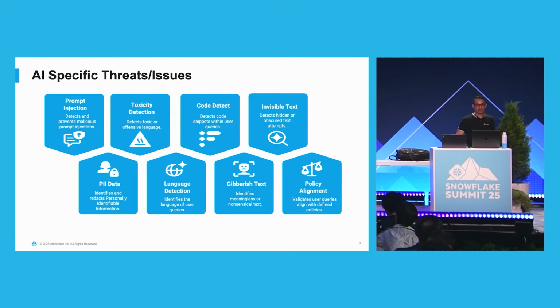And one of the main ones is policy alignment. It validates that user queries align with the defined policy of your system. If you take an example, we have developed an enterprise AI assistant which answers user queries related to the workplace, like how you can install something, and how you can raise a ticket for some of the tasks.